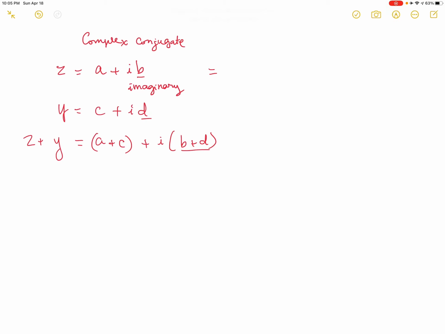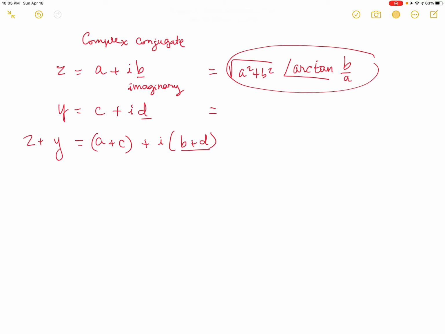Let me write it down here: square root of a squared plus b squared, and an angle, which I will call arc tangent of b over a. And likewise, this number, I'm going to write it down next after I explain what it means. This format has two parts.